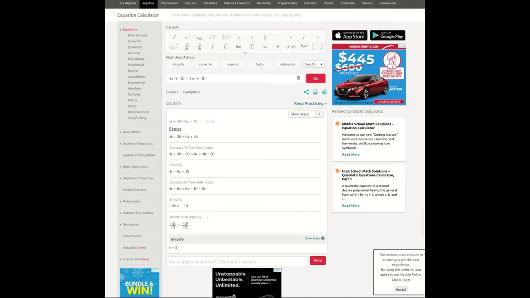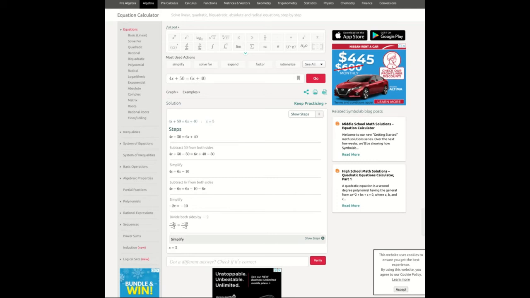Then when I drop down 50, then minus 2x equals negative 10. Then I'm going to just divide by negative 2 on both sides, and x will give me 5.